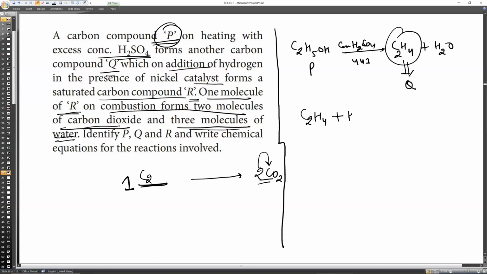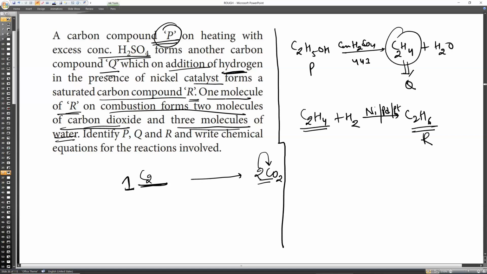When you heat it in the presence of nickel, palladium, and platinum and pass hydrogen gas, the addition of hydrogen gives you an alkane, C2H6. Now you know that this is C2H4, this is C2H6. This gives you a saturated hydrocarbon, and this is R.